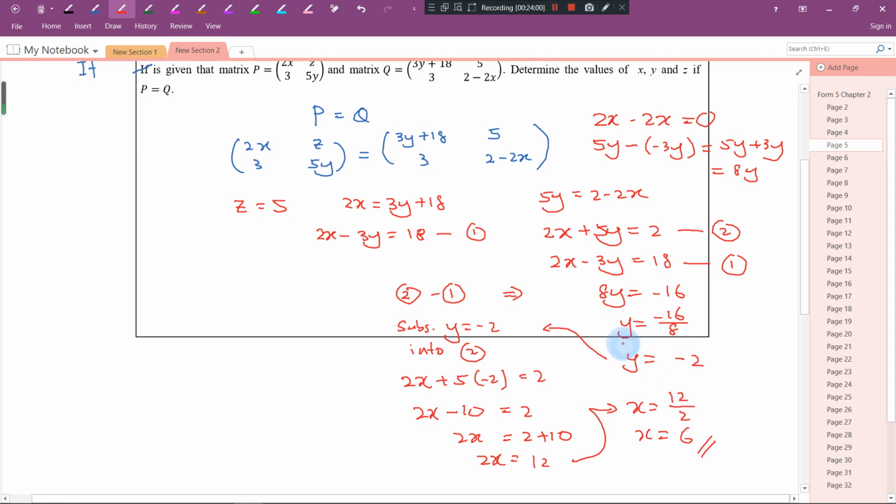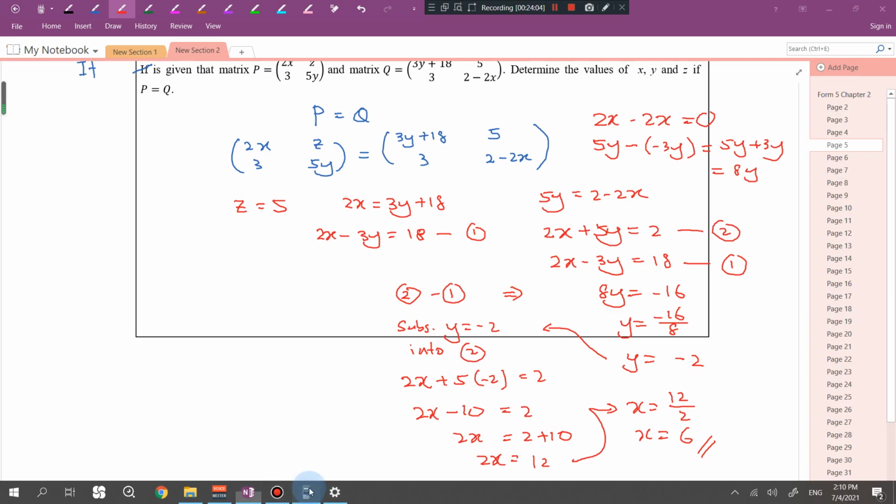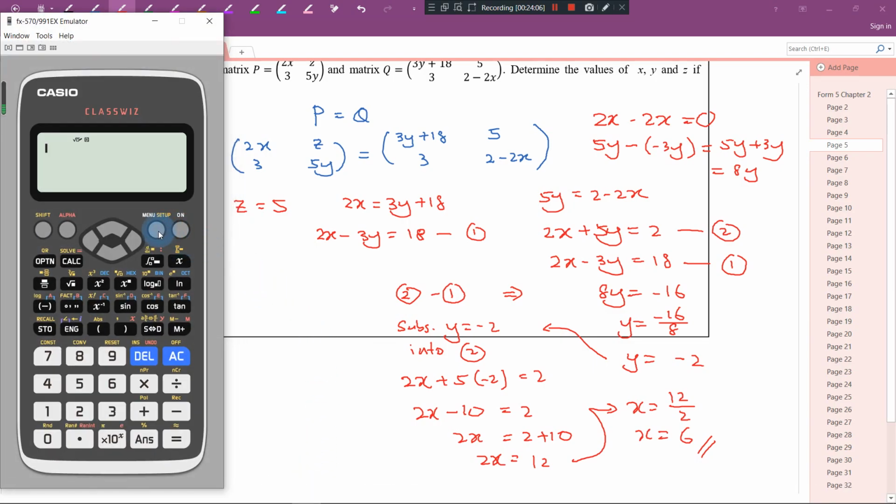Okay, so sometimes if you are not confident with the simultaneous linear equation, you can actually use your calculator to help you to solve it. So first, you press your calculator menu, then you choose equation. Then enter simultaneous equation. Press the first one, and the calculator will ask you how many unknowns we have. We have two unknowns here, x and y.